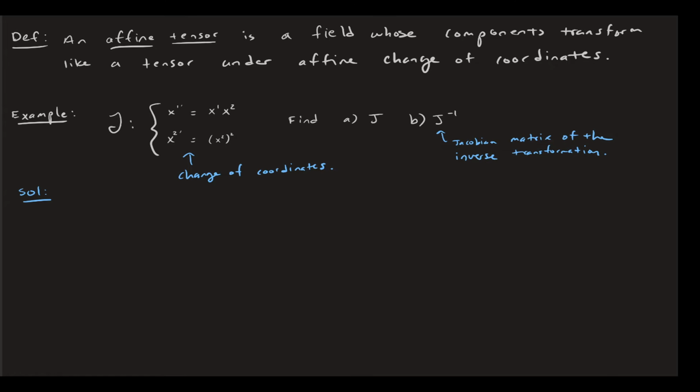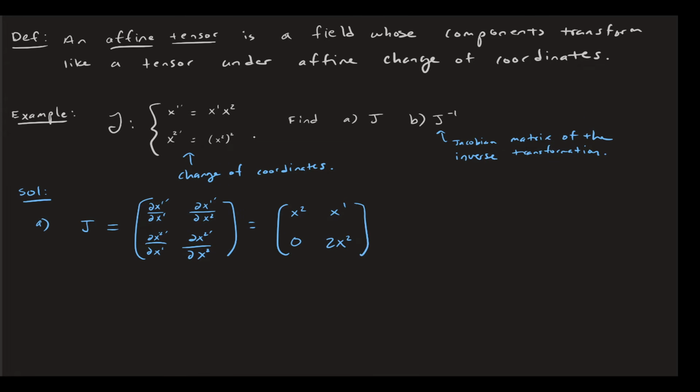So let's find part A, the Jacobian. The Jacobian is going to be partial x1 prime, partial x1; partial x1 prime, partial x2; partial x2 prime, partial x1; partial x2 prime, partial x2. So the Jacobian matrix is going to be x2, x1, 0, 2x2.